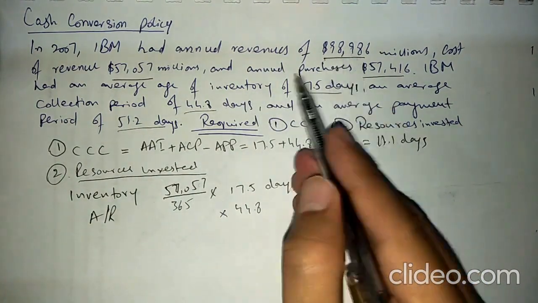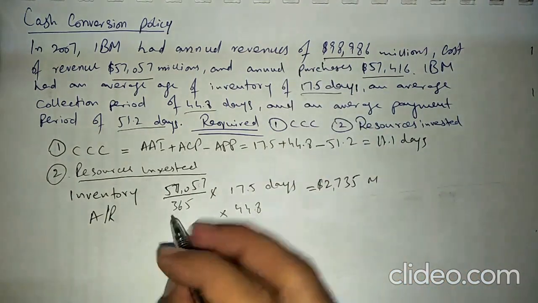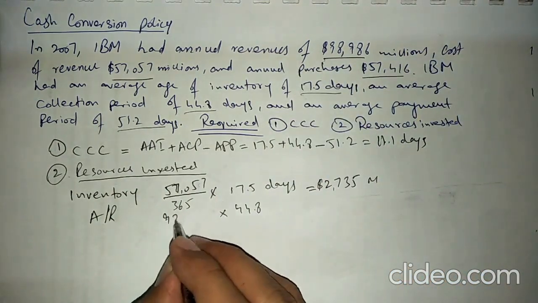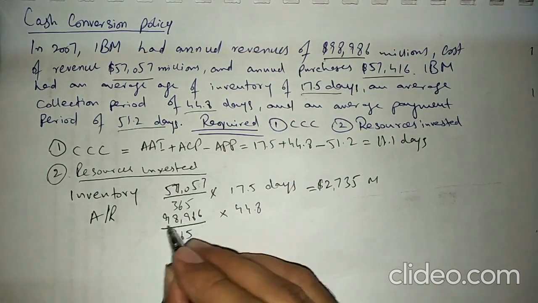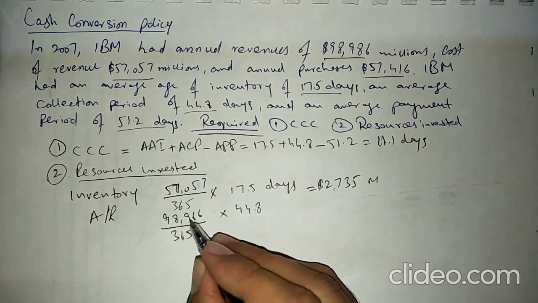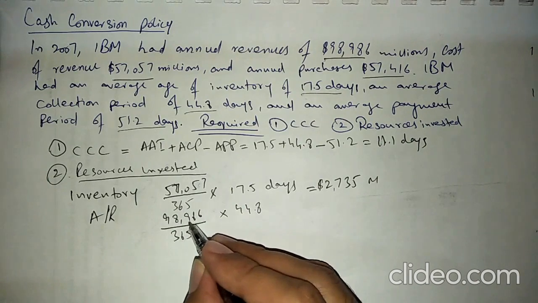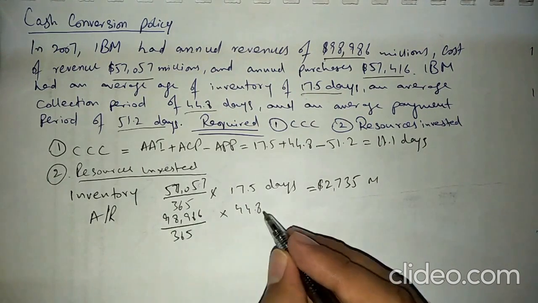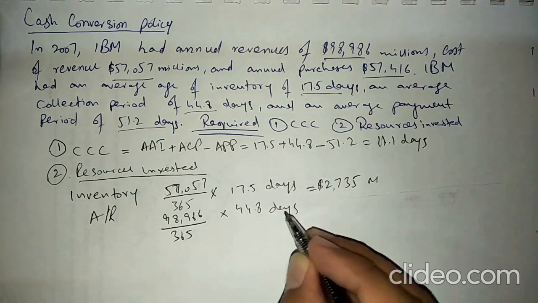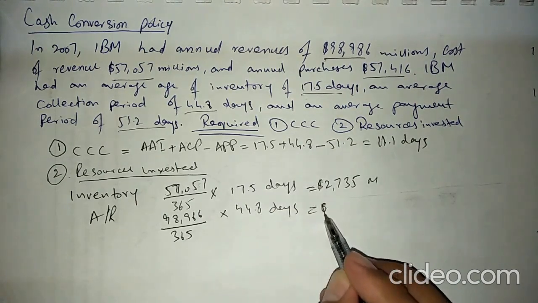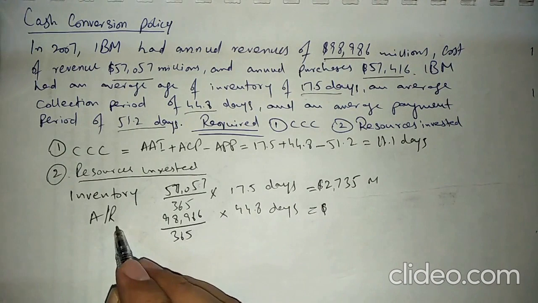So the whole annual revenue for IBM is 98,986. If we divide it by 365, the answer will be the 1 day sale. If we multiply 1 day sale by 44.8 days, that's how we can calculate the cash requirement for the accounts receivable.